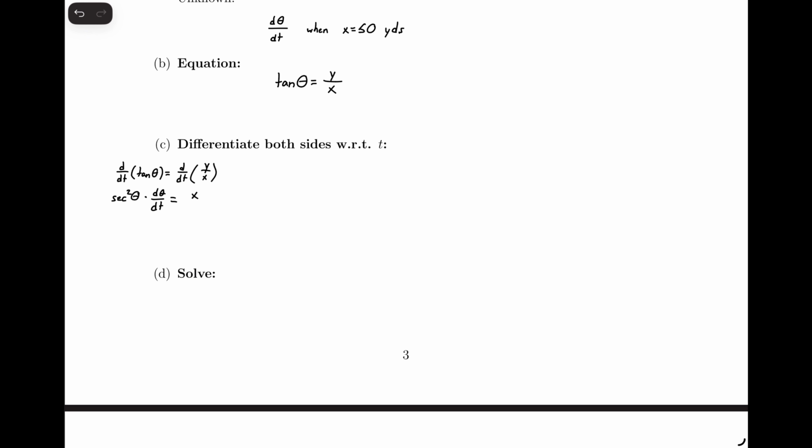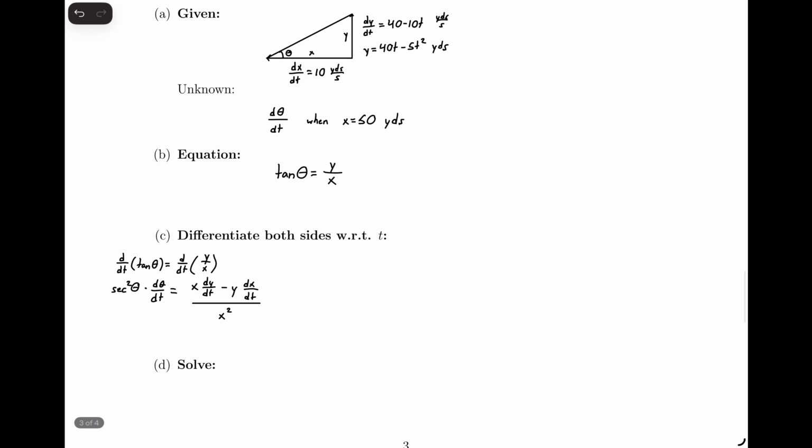So I have low, which is x, times dy/dt, the derivative of high, minus high times the derivative of low, over low squared. Apologies for writing a little bit small here. This question is a little bit of work in terms of the algebra and arithmetic, so I just want to make sure I have enough space at the end to solve it.